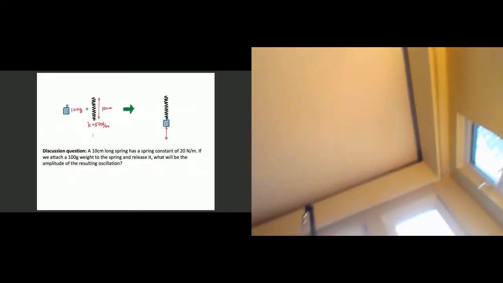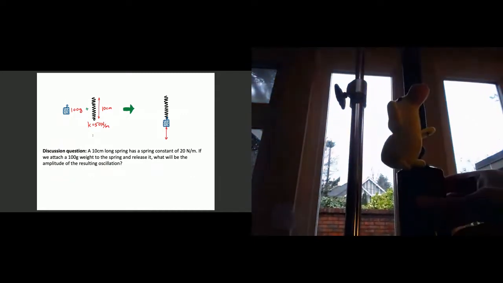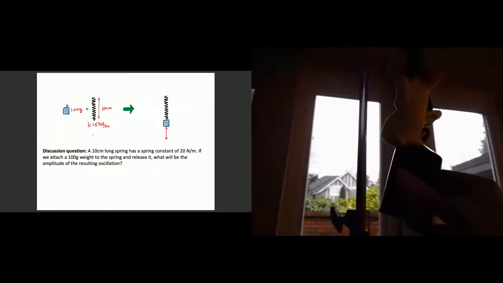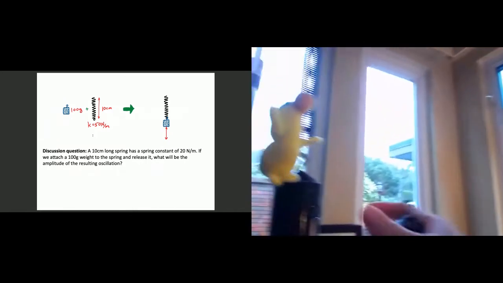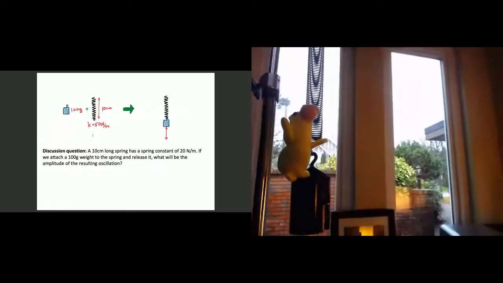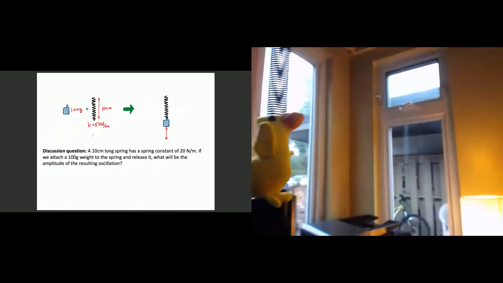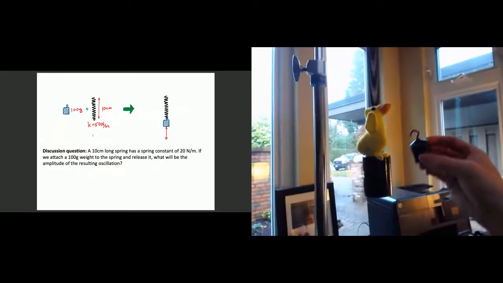And in this question, we don't have any mass originally. So maybe I can show this example here. Or actually, let's pretend we don't have a mass. I've got a smaller mass here. So in this case, we can imagine there's no mass originally on the spring. And then what we do is we have a mass, and then we're going to put it on.